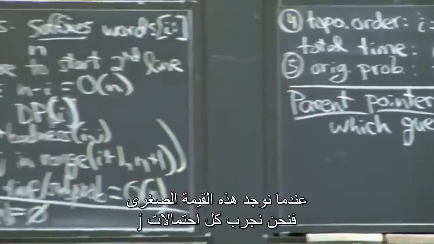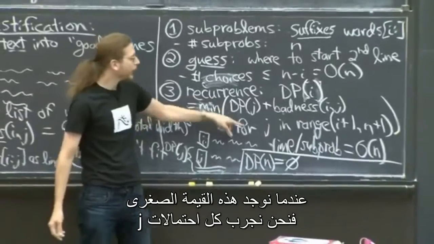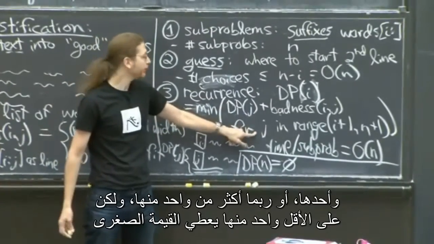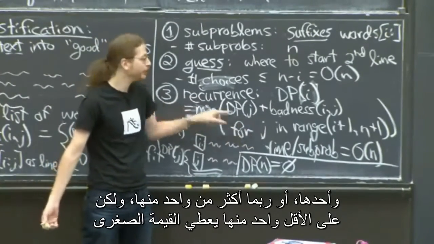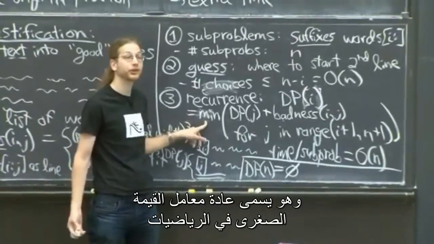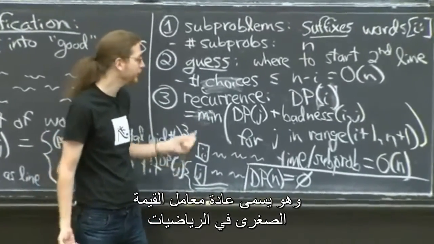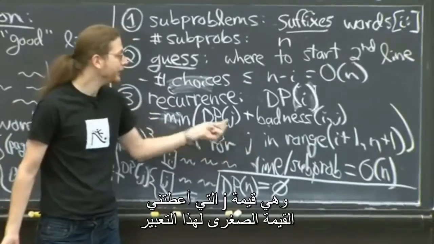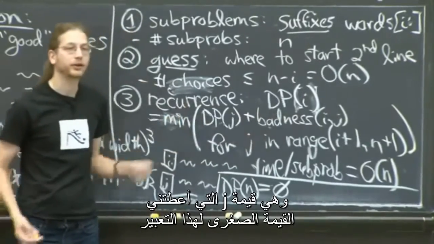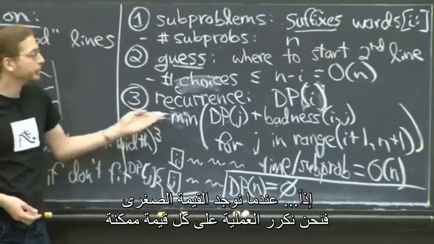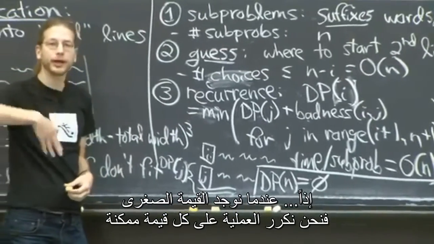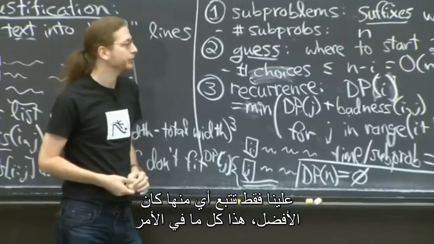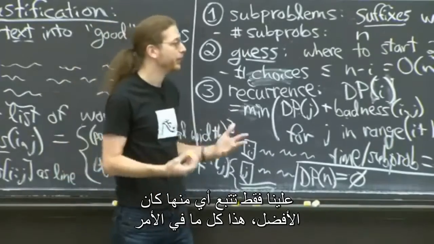So when we compute this min, we're trying all choices of j. One of them, or maybe more than one, but at least one of them actually gave you the min. That's usually called the argmin in mathematics. It's what was the value of j that gave you the minimum value of this thing. So, when you compute the min, you're iterating over every single one. Just keep track of which one was the best. That's it. Call that the parent pointer.